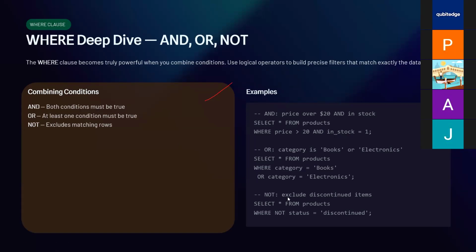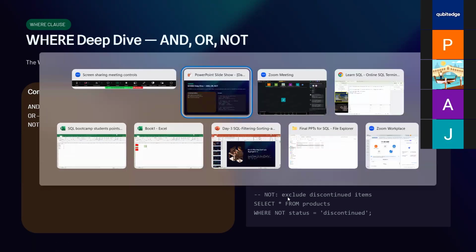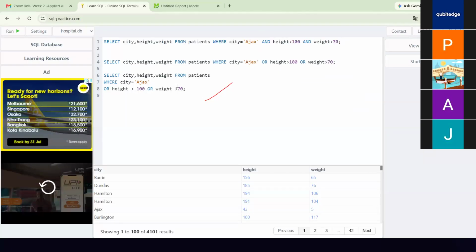So as I said, I can't explain it without using that. The scenario here is I want to get all the records where city is not equal to Ajax.